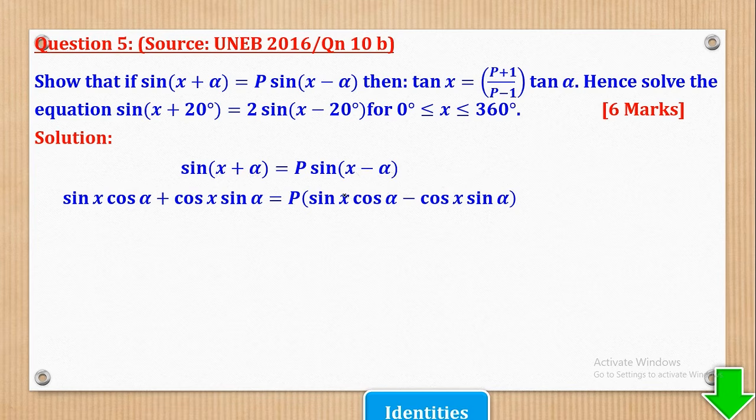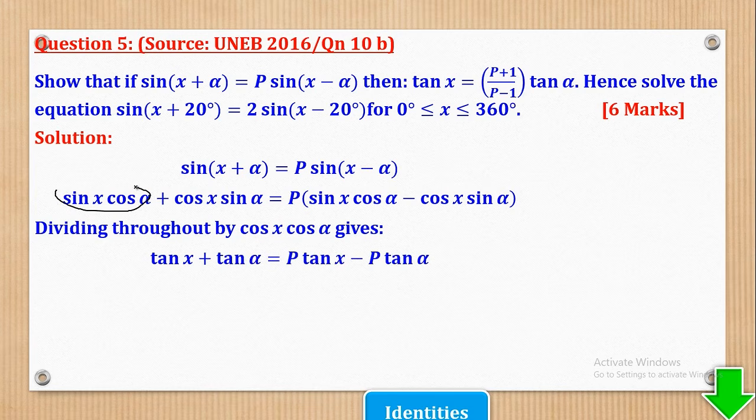Okay, now next is to divide throughout by cos x cos alpha. So cos x cos alpha throughout. With this one, sine x over cos x will give me tan x, and cos alpha over cos alpha gives me 1. Then for this one, cos x over cos x is 1.